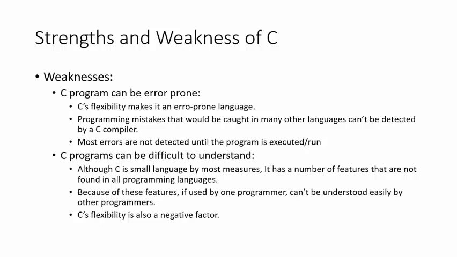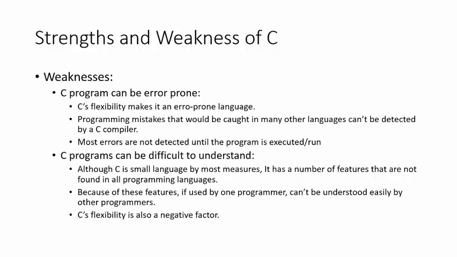It also has some drawbacks, or weaknesses. C programs can be error prone. Error prone in the sense that sometimes when you run an application, it leads to errors. Because of C's flexibility, it is an error-prone language, and you cannot detect the errors very easily.